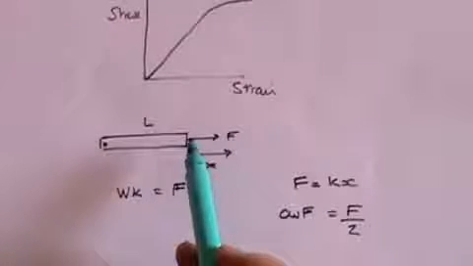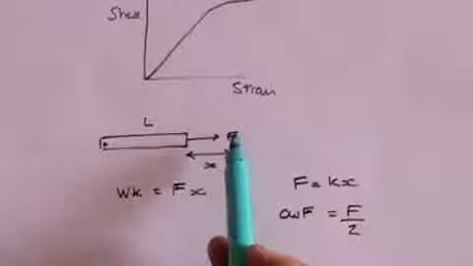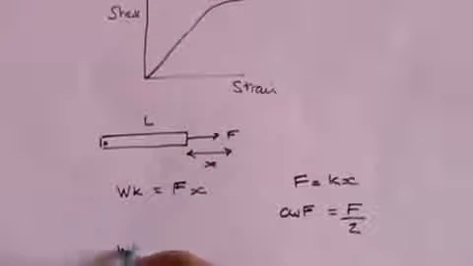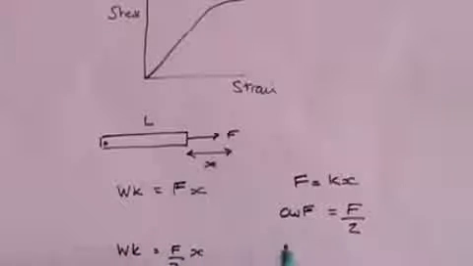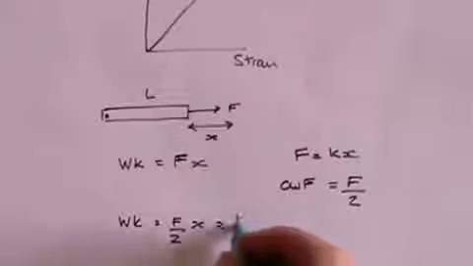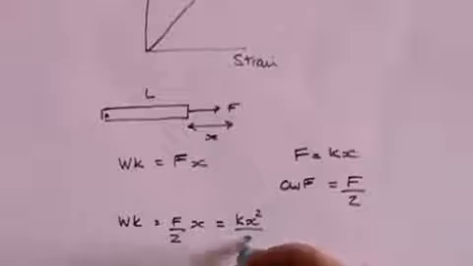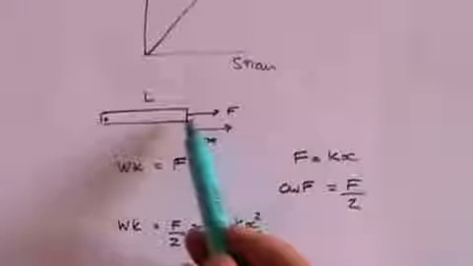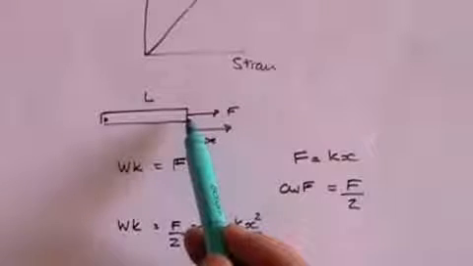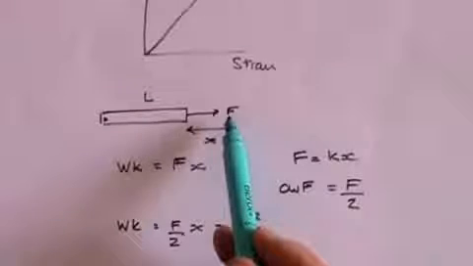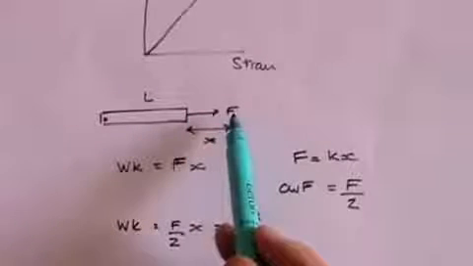The force you apply goes from 0 here to F here, and the average is F over 2. So the work done actually is F over 2 times x. But F is kx, so that simply becomes kx squared over 2. And that is not only the work done to stretch the elastic from this point to this point, it's also the potential energy that is now bound up in that elastic.